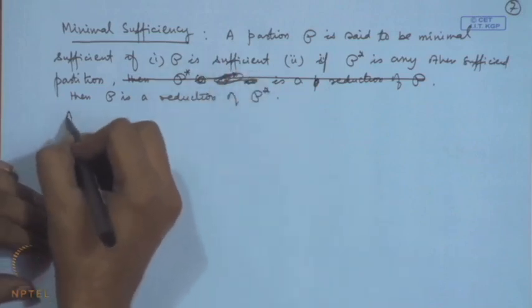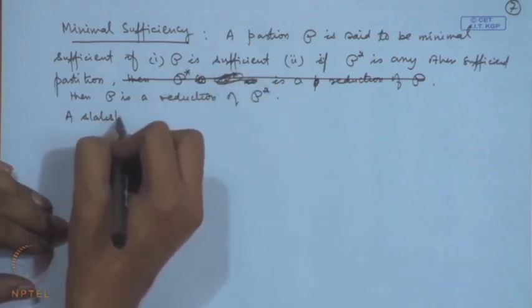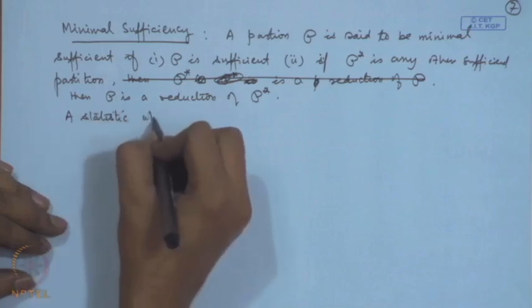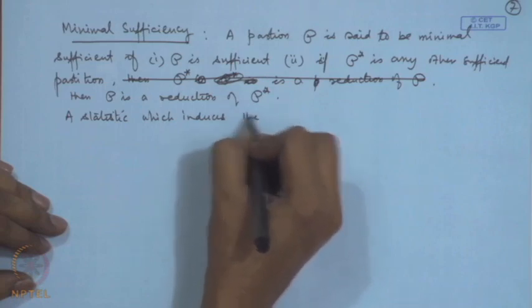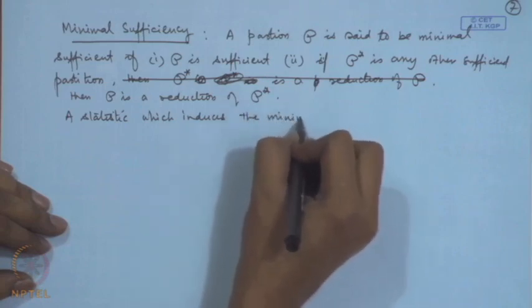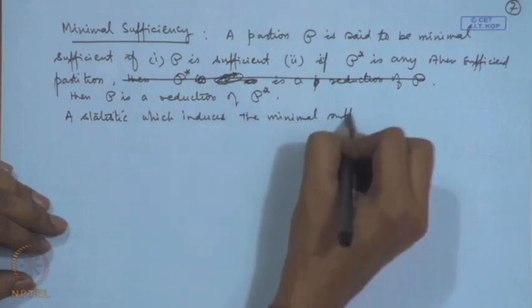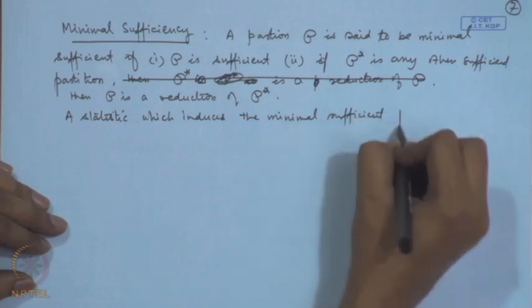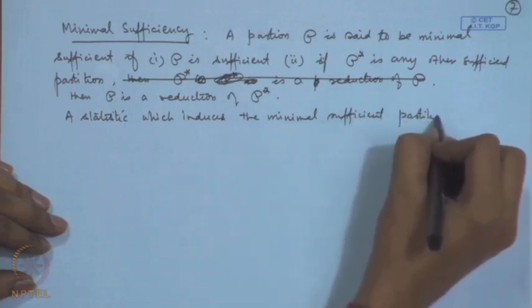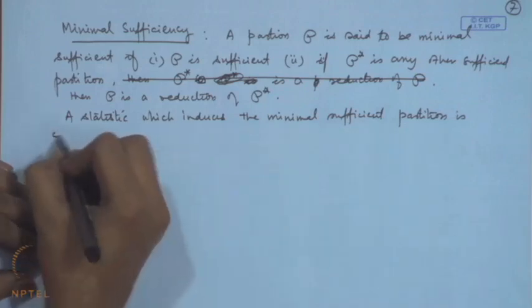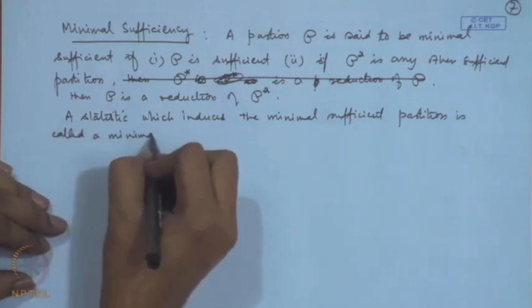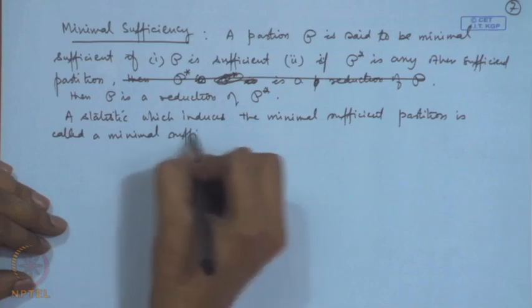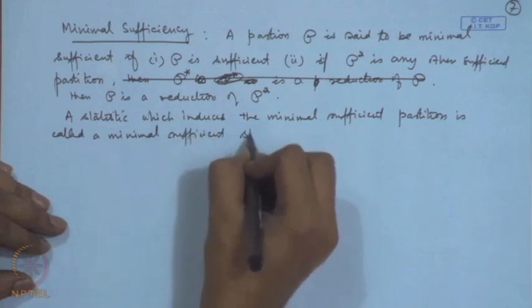So, a statistic which induces the minimal sufficient partition is called a minimal sufficient statistic.